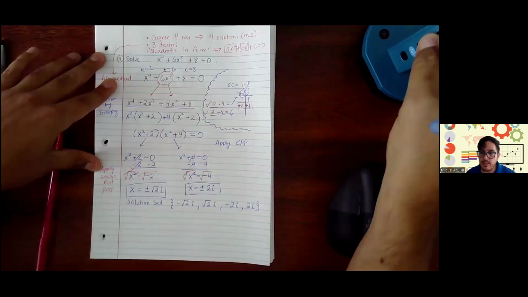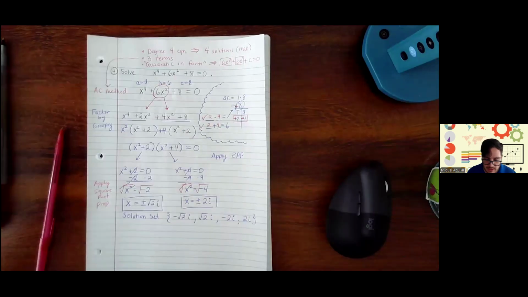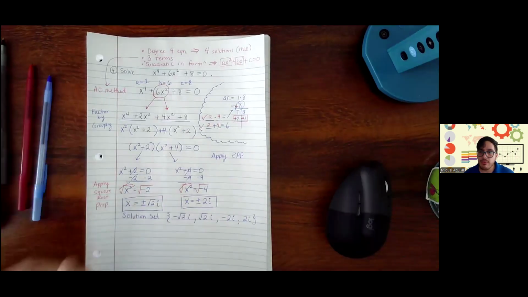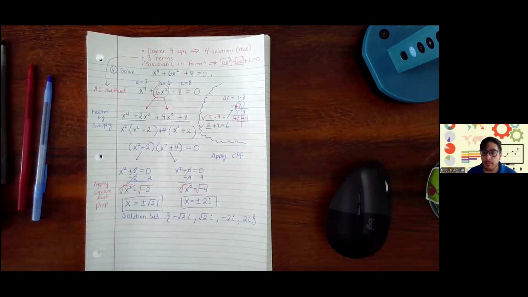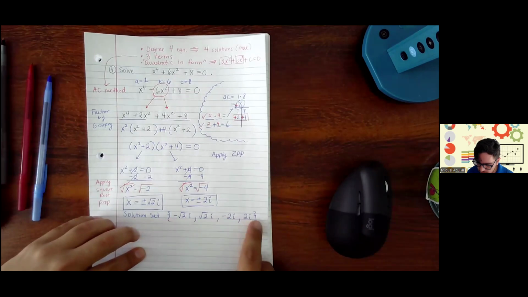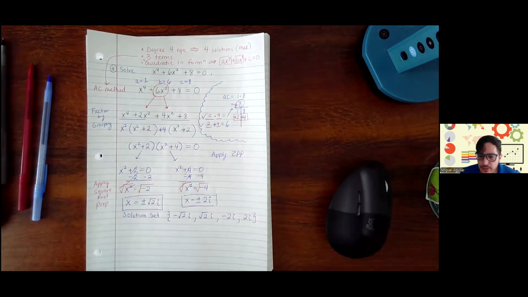Okay. So if that feels like a lot, just remind yourself that we're doing the exact same process as when we solved quadratic equations. It's just that we now have to watch out for, are we going to get more than 2 solutions? You may want to check your solutions, but in this case, since we have imaginary numbers, that's going to be a little bit harder to do.